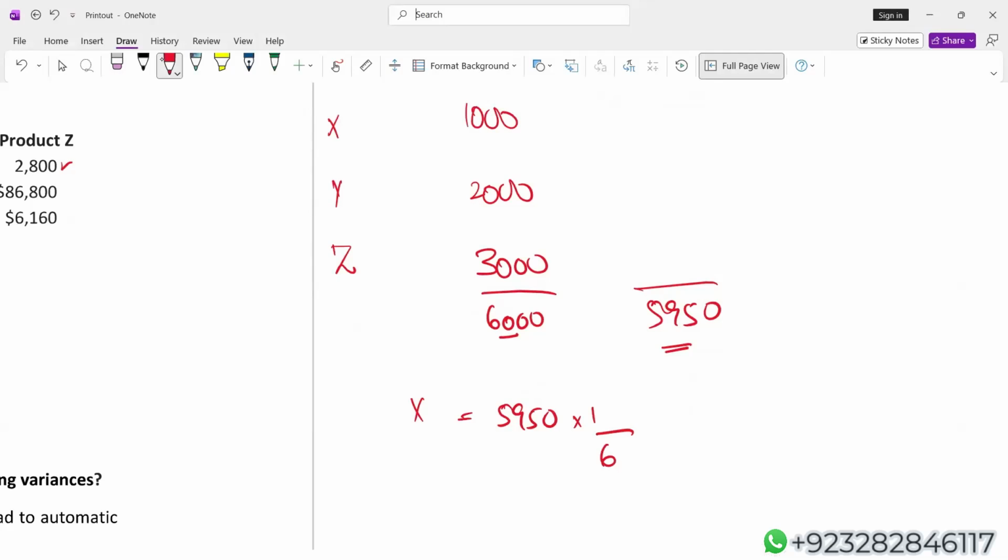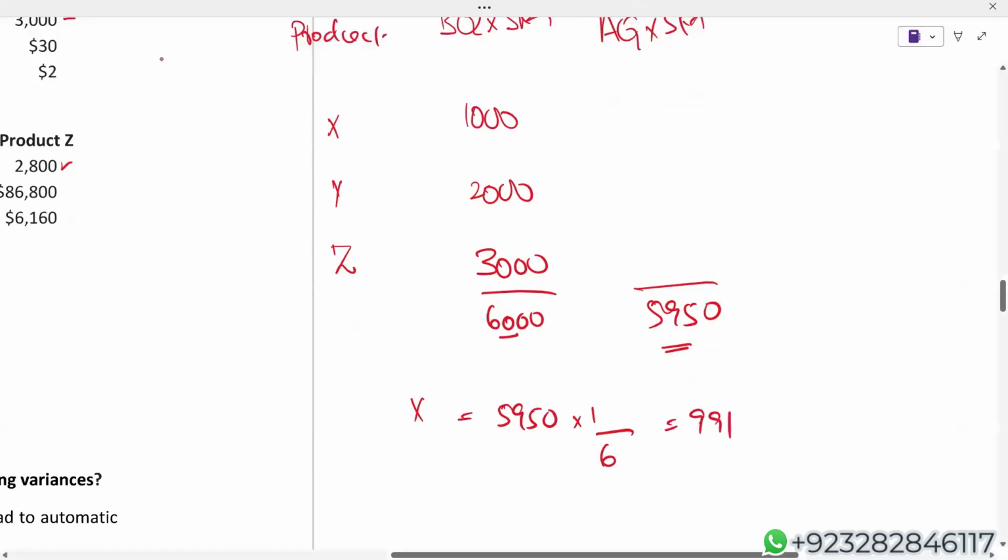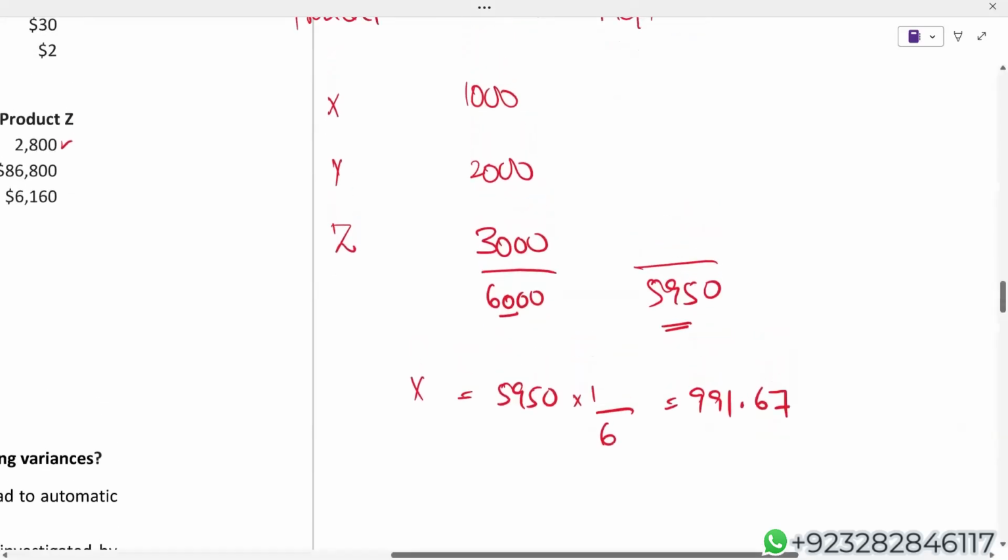So 5950 times 1 upon 6, we're getting 991.67 (let's take it as 991.66667). Then Y is exactly the double of this.